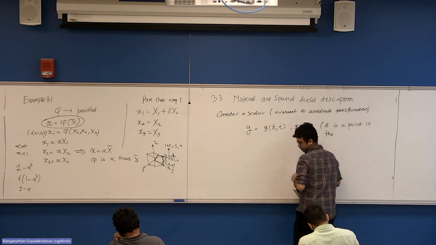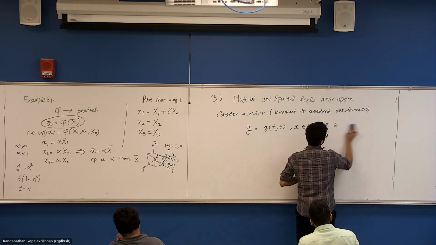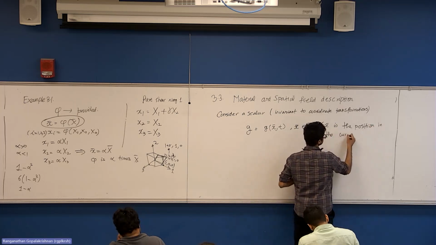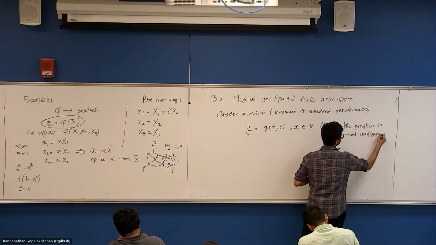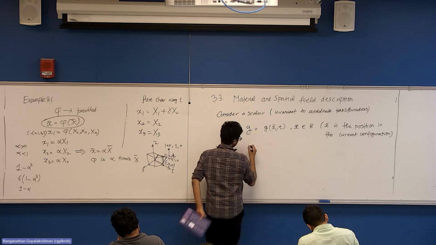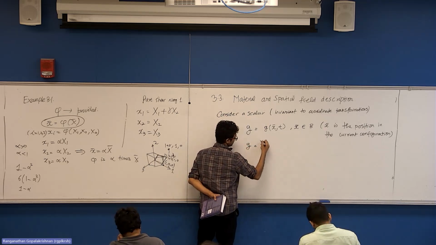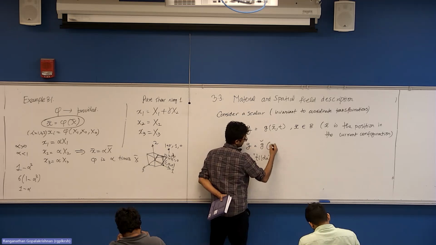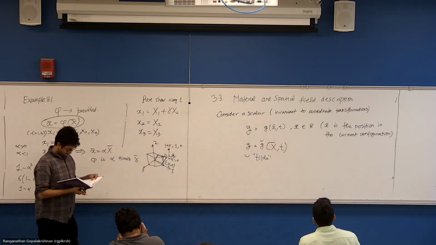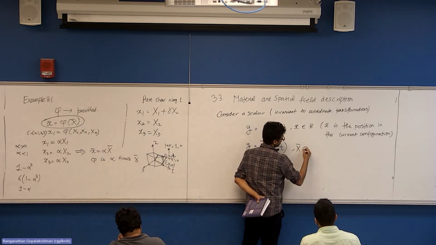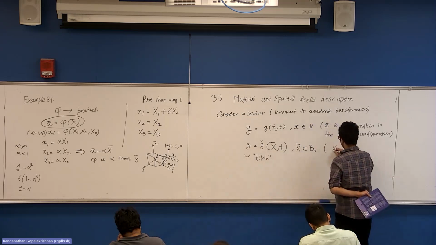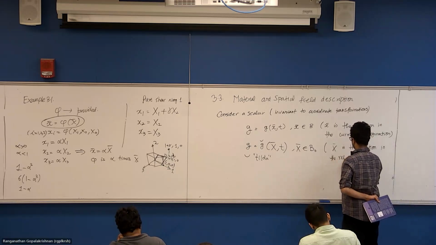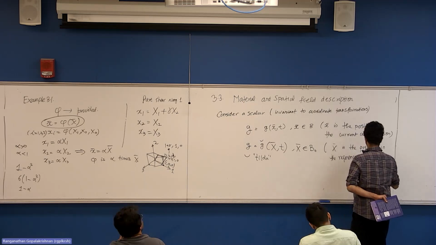I shouldn't write x is the point, I should write x is the position in the current configuration, or we can also write G with a dash is equal to G tilde, this symbol is tilde, G tilde in the reference configuration, where uppercase X belongs to the point of a body in the reference configuration, and X is the position in the reference configuration.